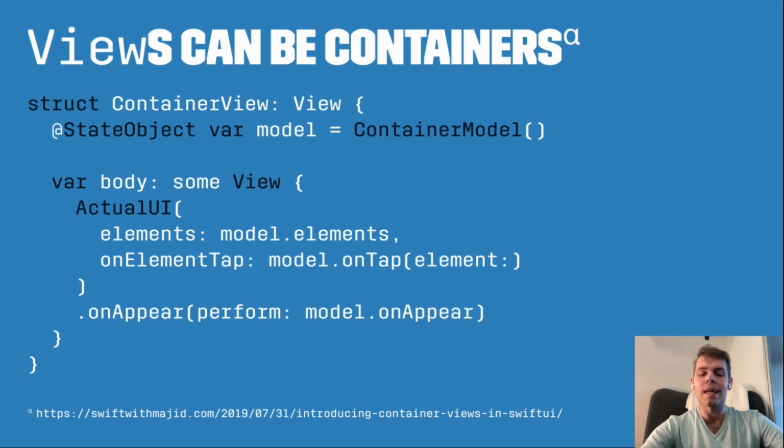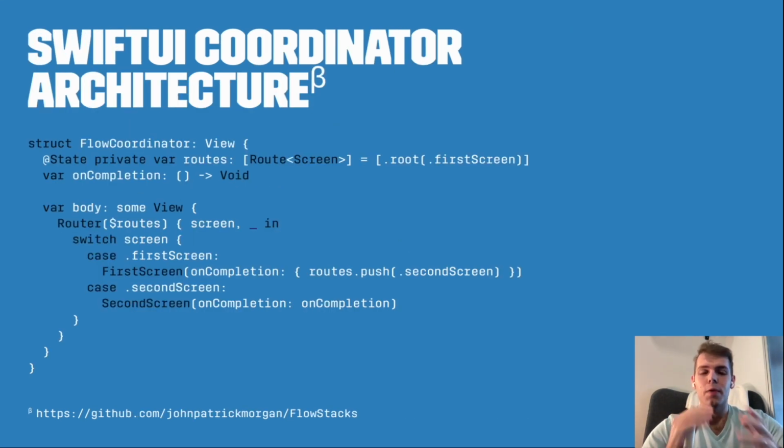So containers are just an example, but especially people coming from the UIKit world are probably familiar with concepts and patterns like the coordinator. And guess what? In SwiftUI, even the coordinator is just another view. Just to make sure that everybody knows what we are talking about, the coordinator pattern is an architecture in iOS where we take the app flow logic and extract it away from view controllers.